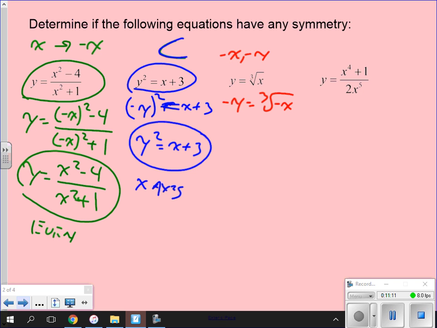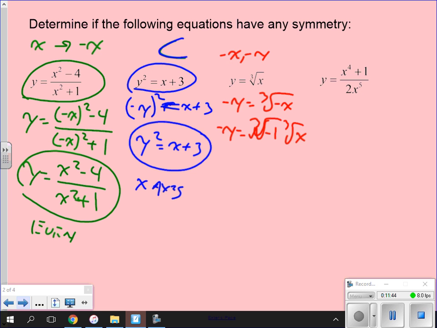I can do that with cube roots. So I have negative y equals the cube root of negative 1, and that's a horrible cube root, I'm sorry, and the cube root of x, right? Because negative 1 times x is negative x, so I can split them up as well as I can put them together. Remember, all your rules go both directions. Almost everything goes both directions. So I can put them together, I can pull them apart again. What's the cube root of negative 1?